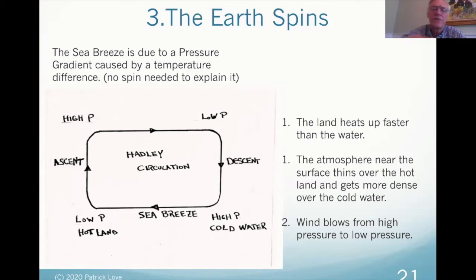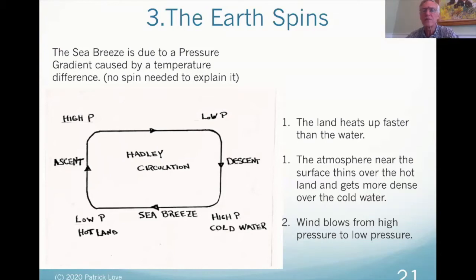When the wind blows air towards the shore, air comes down from above to replace that air. So you end up with this circulation. It's named after a person, Hadley, the Hadley circulation, and it explains the sea breeze.